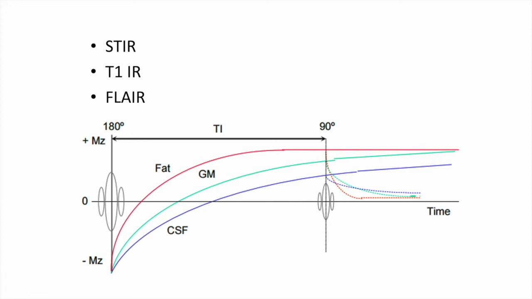The TI time is the interval between the 180-degree inversion pulse and the 90-degree RF pulse. So, a STIR sequence uses a short TI time so that signal from fat is suppressed, while the FLAIR sequence uses a long TI time and hence signal from CSF is suppressed in that sequence.